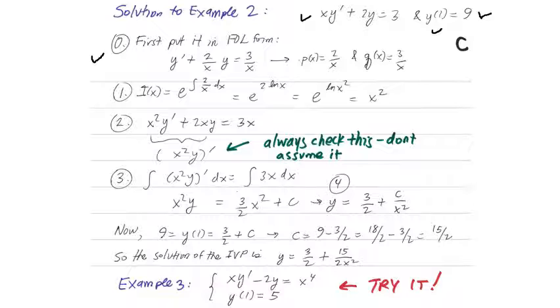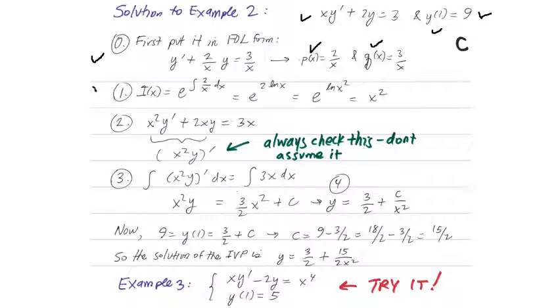So we're only going to be dealing with x either always positive or always negative here. In this case, we'll assume x is positive because that's the kind of initial condition that we have. So after we put it in first order linear form, we can identify p of x, the coefficient of y, and q of x is just whatever's left on the right hand side.